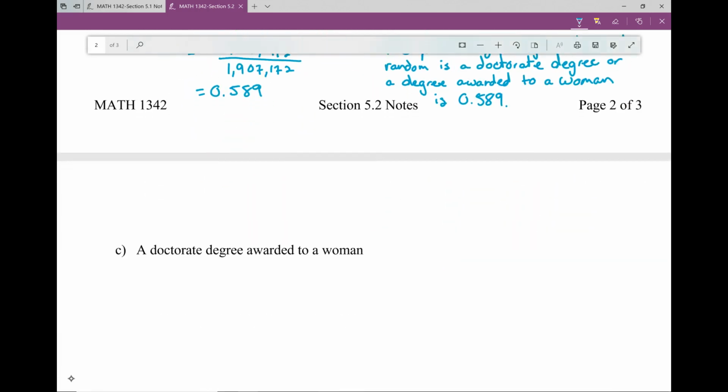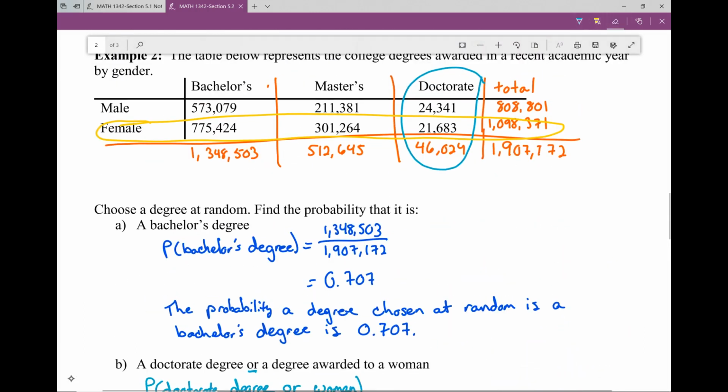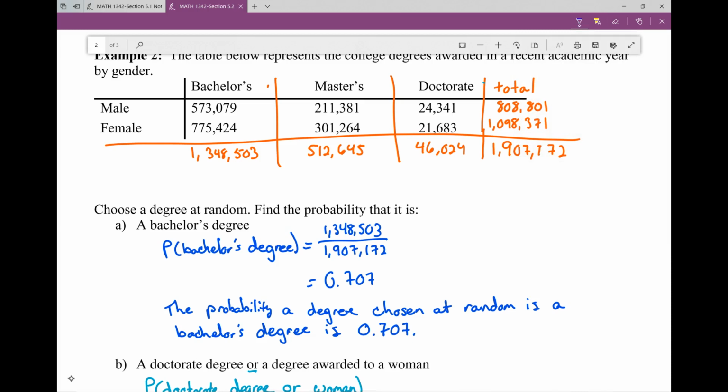A doctorate degree awarded to a woman. So this is where we're looking at them happening together. So let's go back up to our table. I'm going to get rid of some of these things. Now I'm looking at a doctorate degree awarded to a woman. So here's a doctorate degree awarded to a woman.